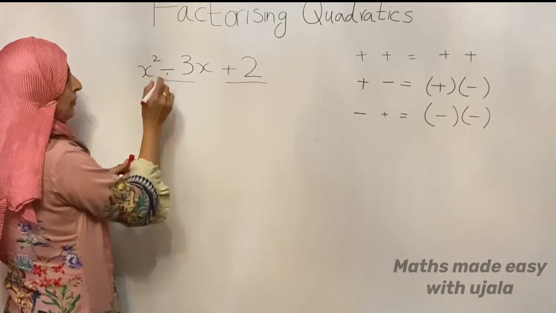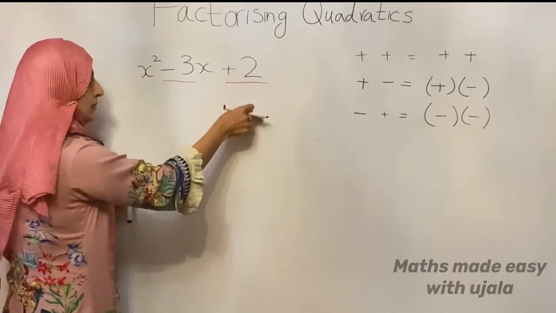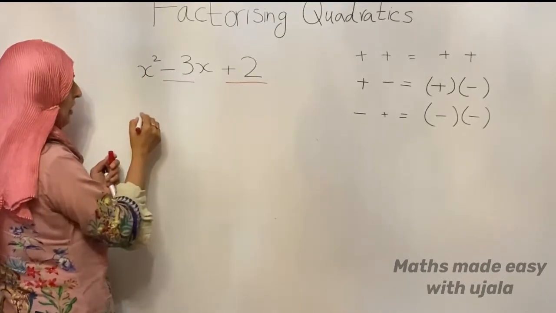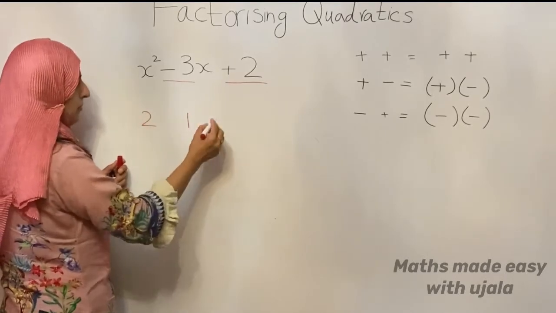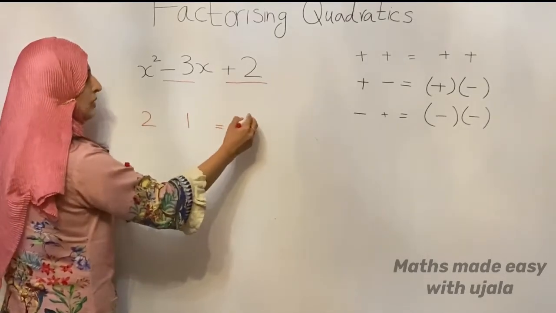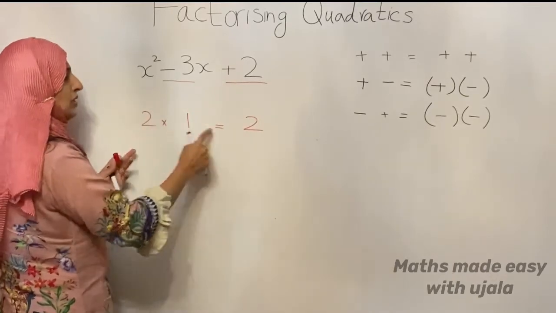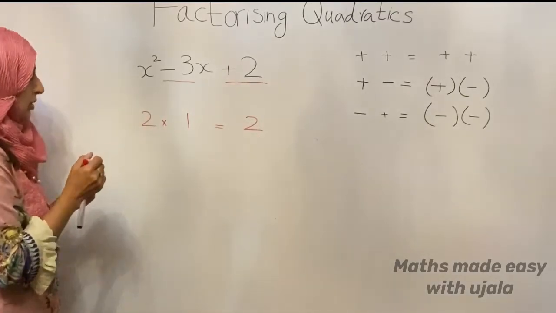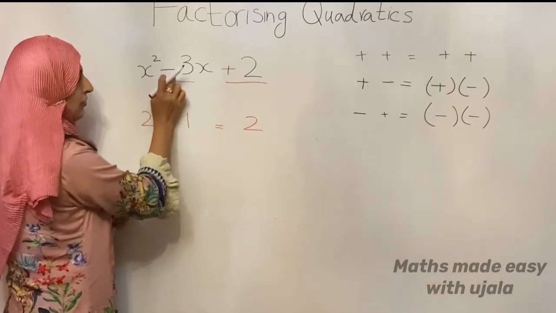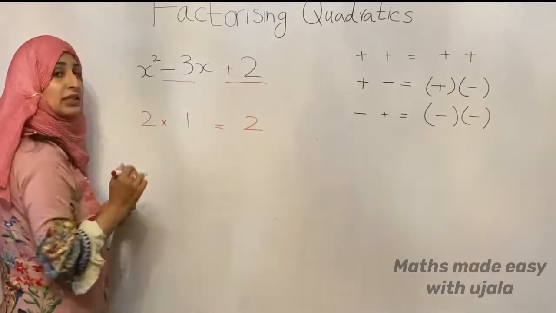Minus 3, if you add them, the answer should be minus 3. If I write 2 and 1 here, I need 2 if you multiply them. 2 times 1 is 2. But there is a minus sign in the front and the plus sign is with the second term.